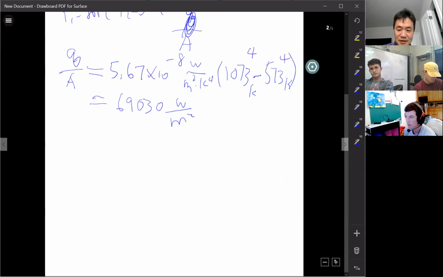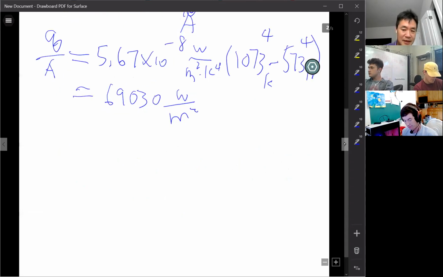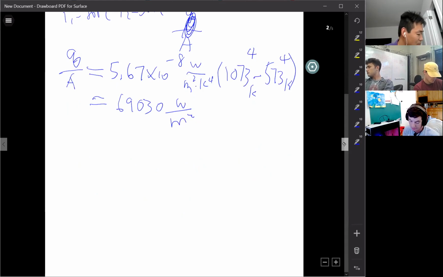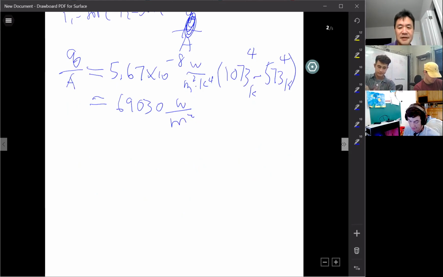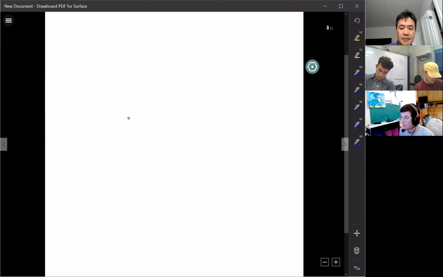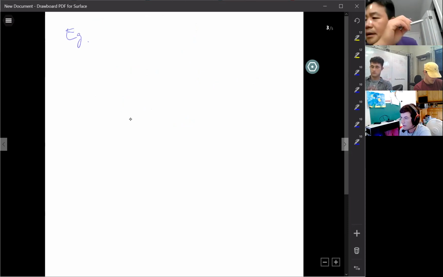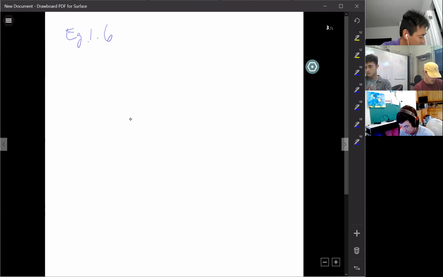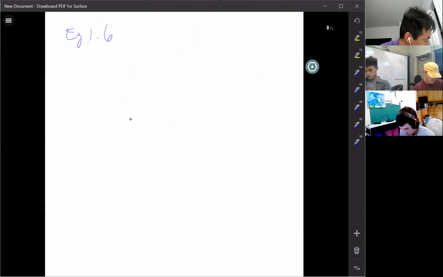The next problem is maybe a little bit more complicated. Let's see the last example, example 1.6. It looks like a more applied problem. A horizontal steel pipe having a diameter of 5 centimeters is maintained at a temperature of 50 degrees Celsius in a large room.